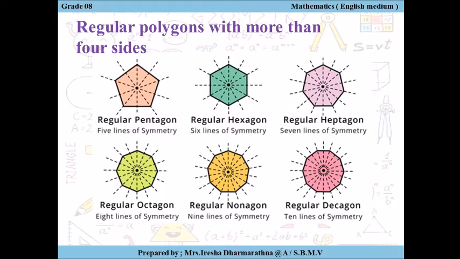It has 5 sides and it has 5 axes of symmetry. According to this, you can learn that the number of sides of a regular polygon is equal to the number of axes of symmetry of that regular polygon.